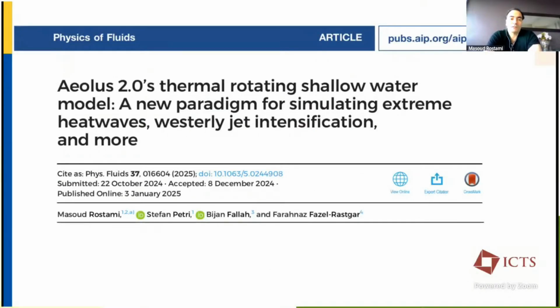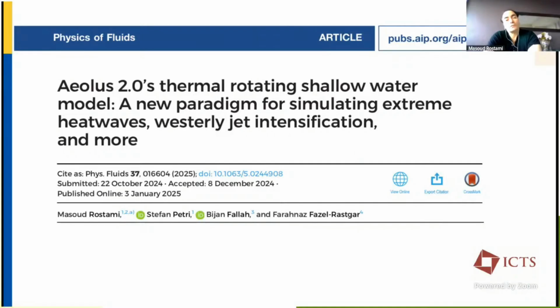This paper shows the derivation of this system: where we start, what our starting point is, and how we include the moist convection and latent heat release, vaporization, and so on in the system.